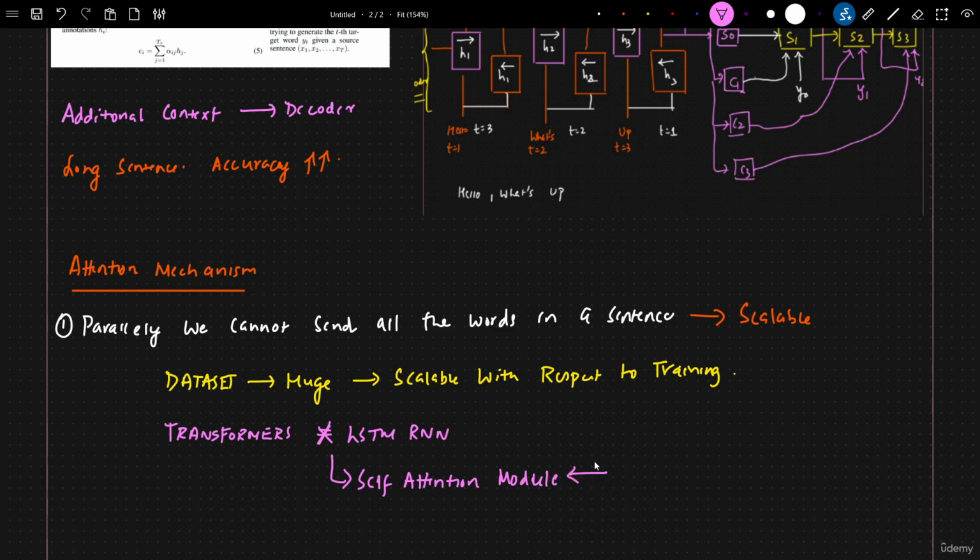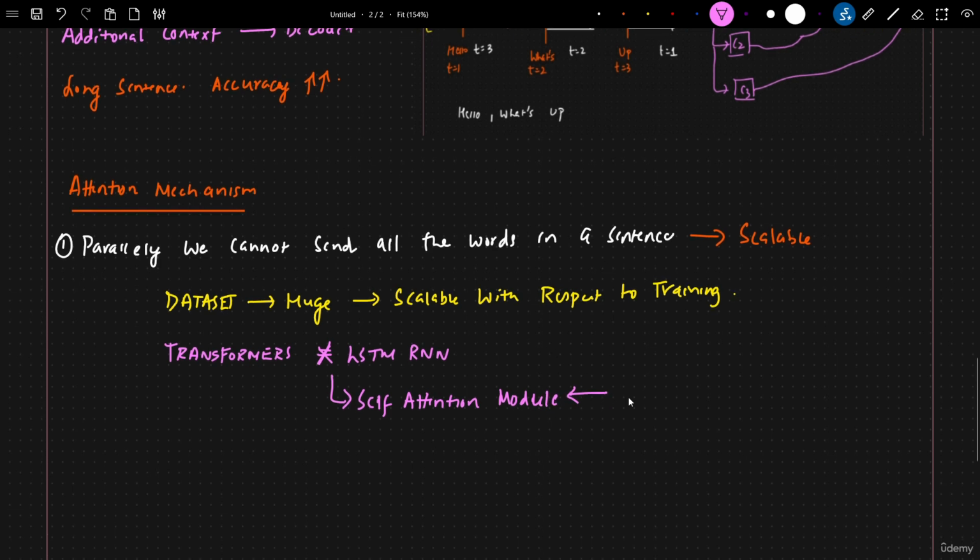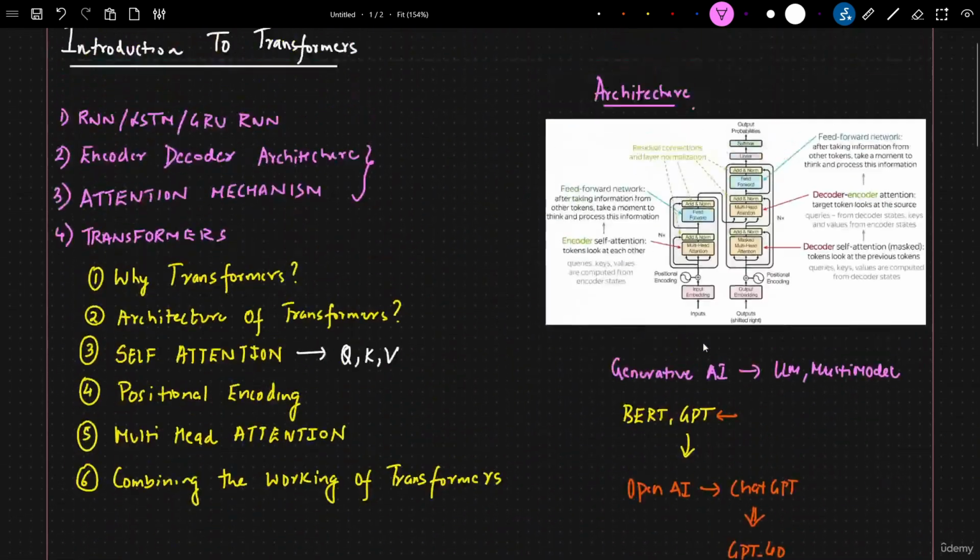And because of this self-attention module, you'll be able to see that all the words will be sent parallelly to the encoder for further processing, right? And that is how this architecture comes into existence.